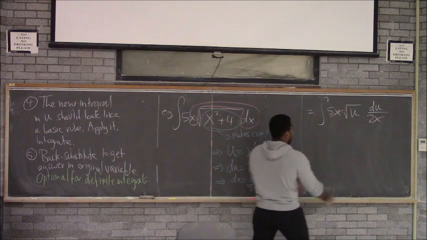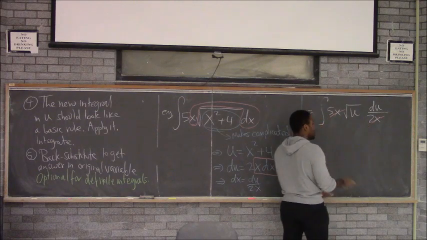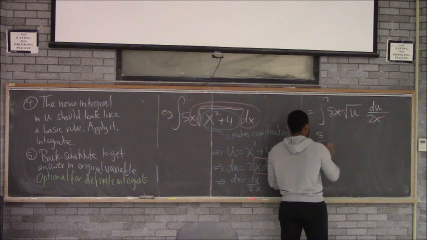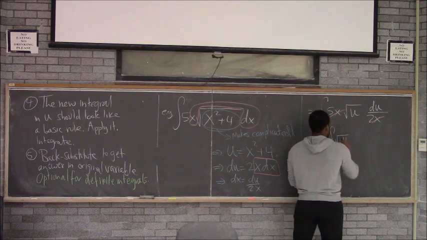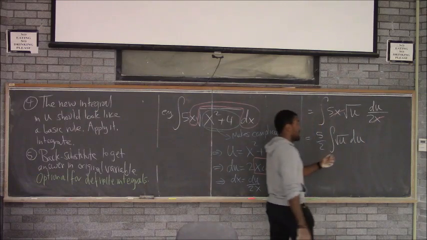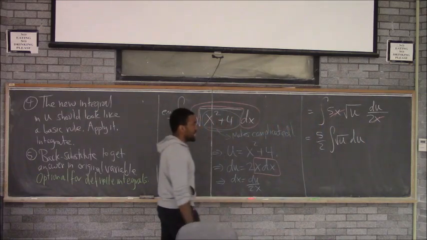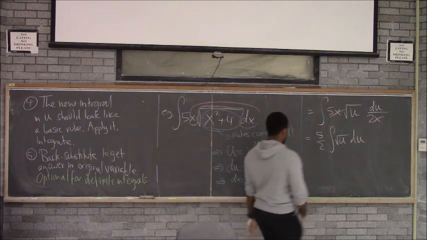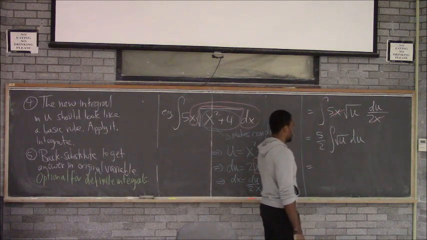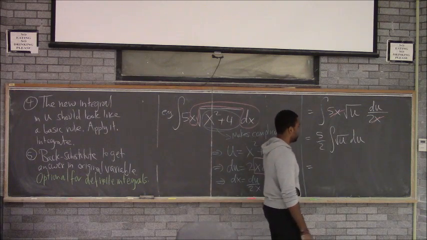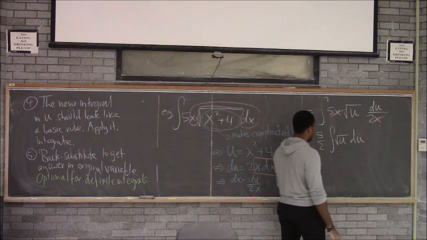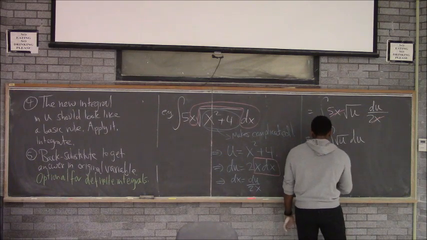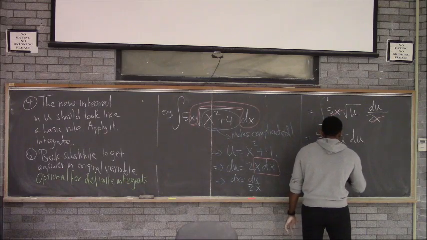Now, what do I do with the 5 and the 2? It's a constant, factor it out in front. And that looks easier. Not only is that easier, but I can use a basic rule. What is the basic rule here? Right, power rule. That's just u to the 1/2.